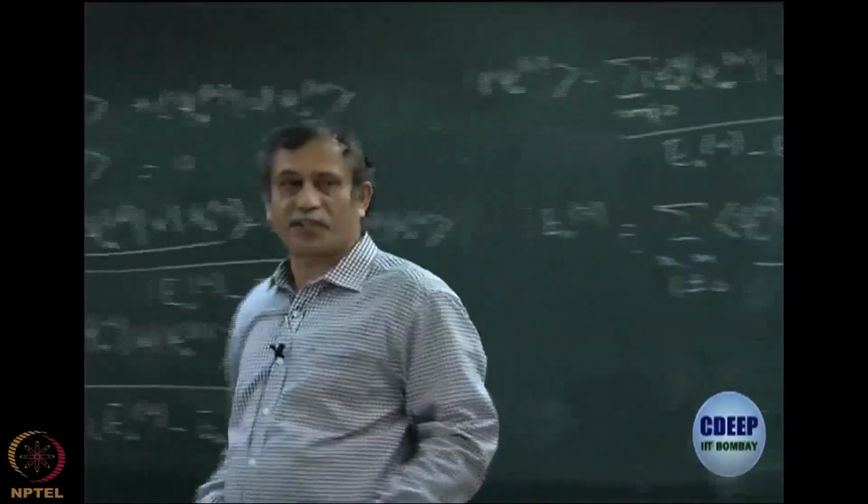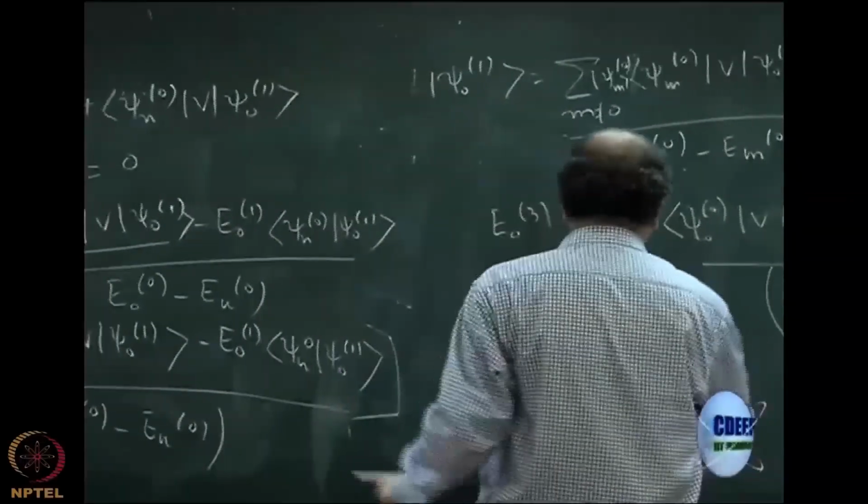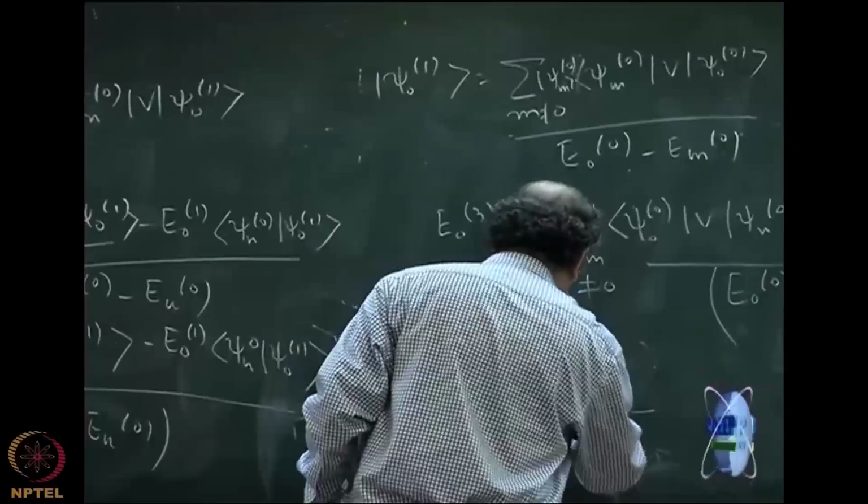Right? So you have a double summation, but the story is not complete because I have a second term, which is E 01, which just comes out.